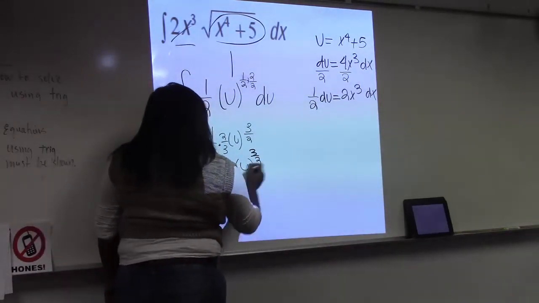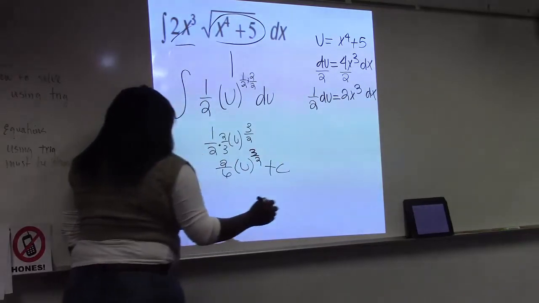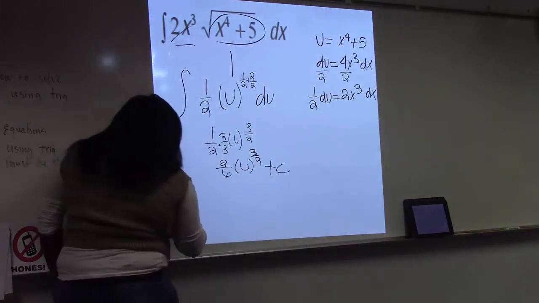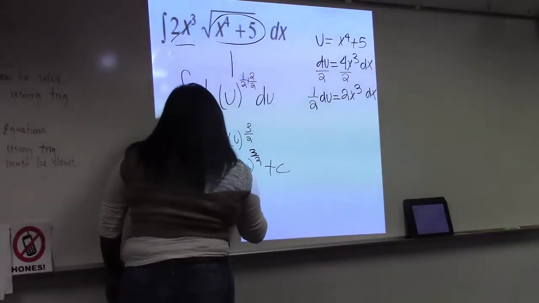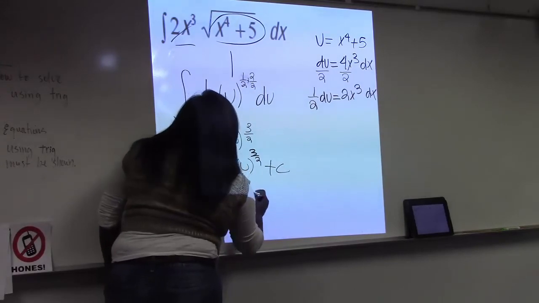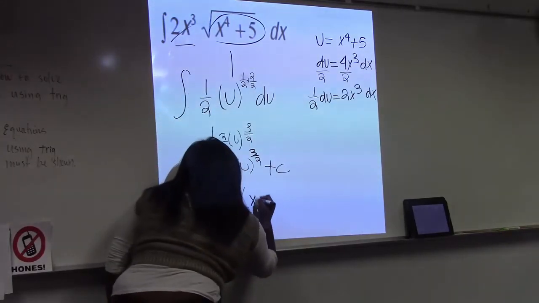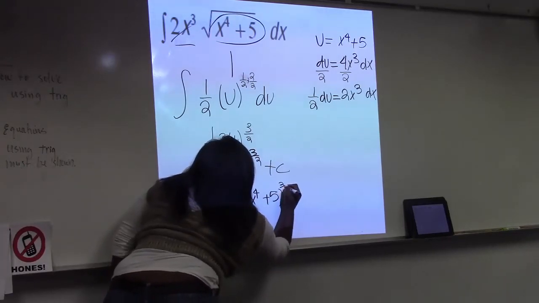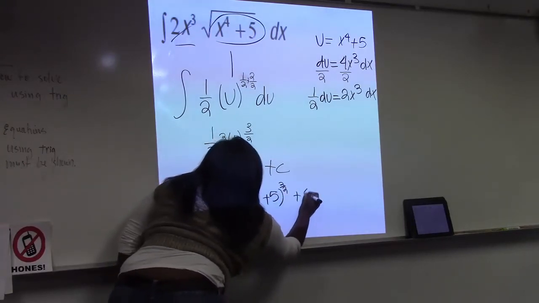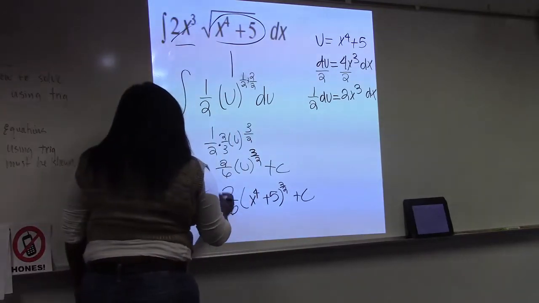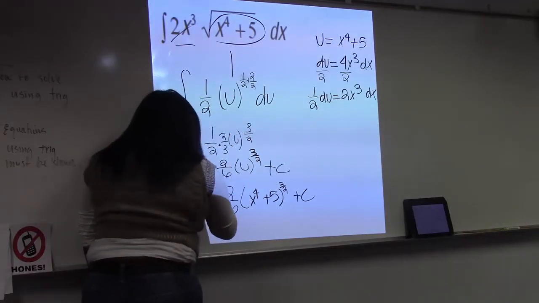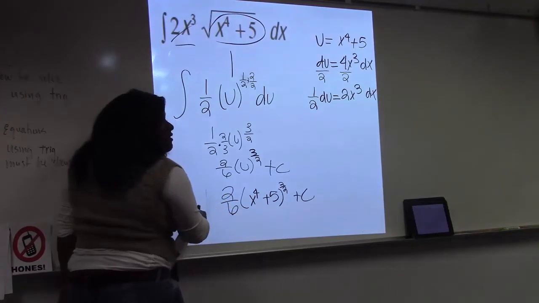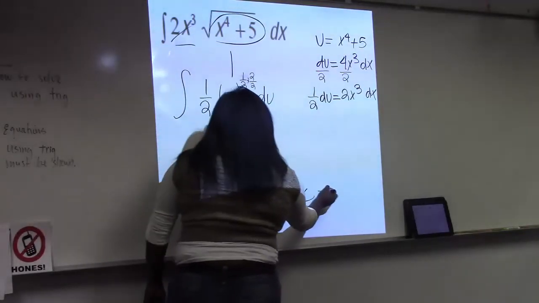Plus C. Plus C. Don't be a chucklehead. So now you just put your u in. X to the fourth plus 5 over 2 plus 6. So 2 over 6 can be reduced.